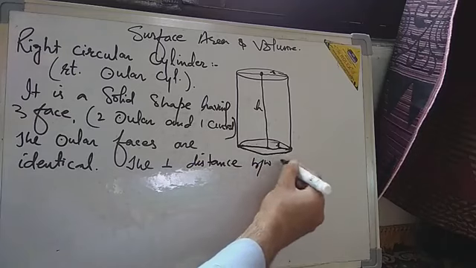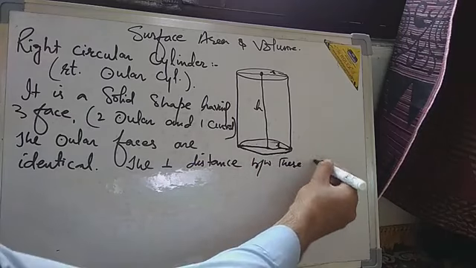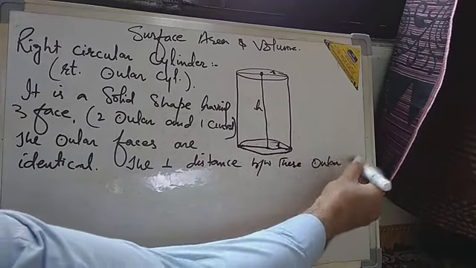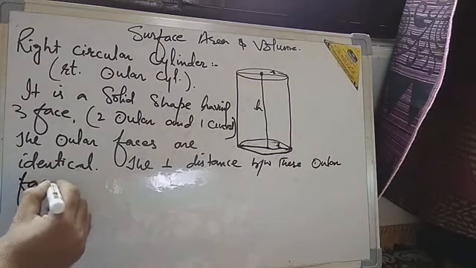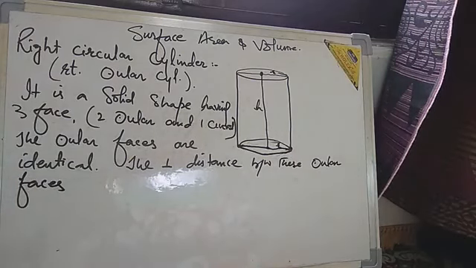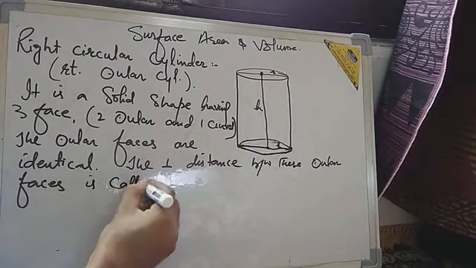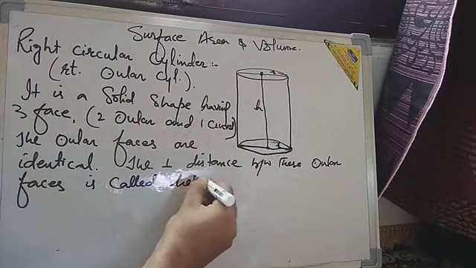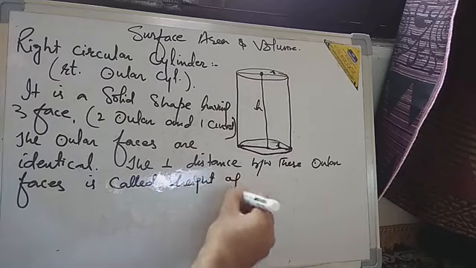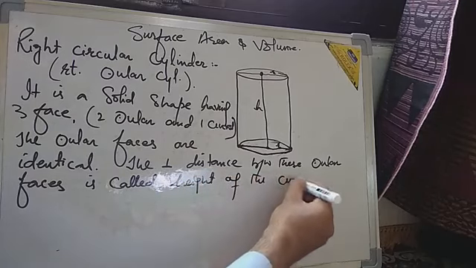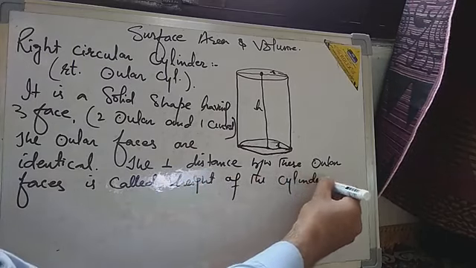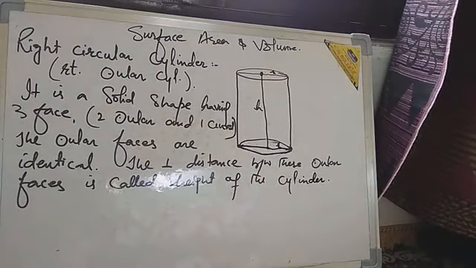The perpendicular distance between these circular faces is called the height of the cylinder. This is the height of the cylinder, the perpendicular distance between the two circular faces.